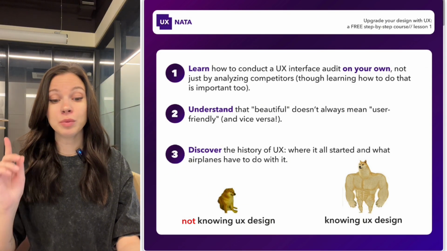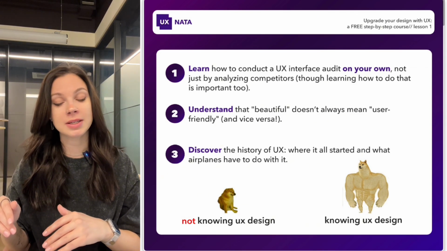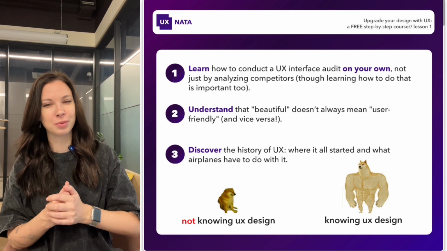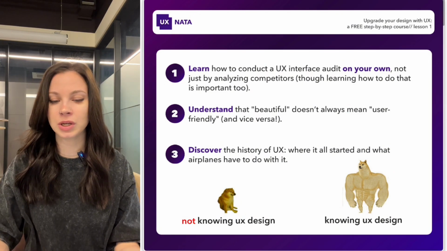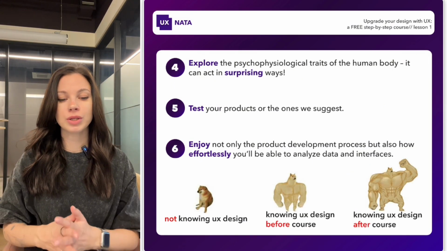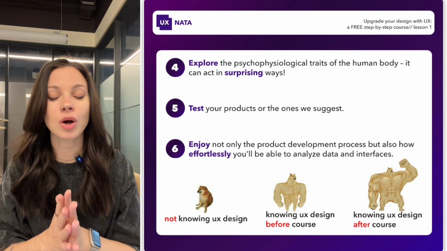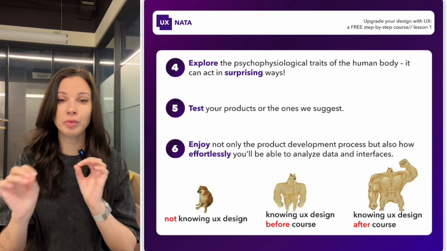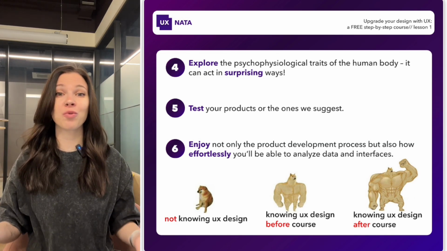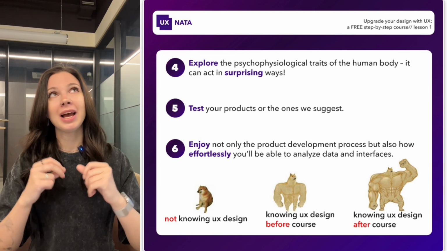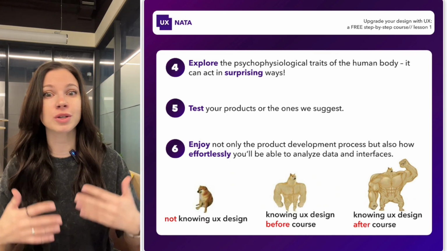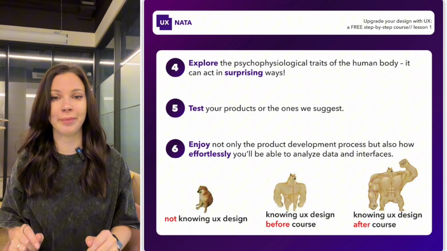Then we will discover the history of UX, where it all started and what airplanes have to do with it. A little secret. Also, we will talk about how to explore the psychological traits of the human body. It can act in surprising ways. And of course, it's very important in your understanding of UX research and user experience in general.